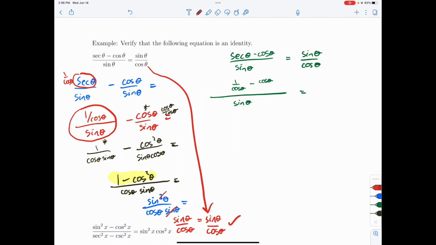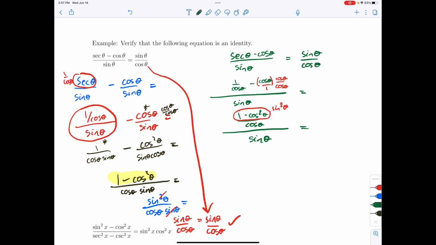Okay, and so what I'm going to do is this cosine here, I'm going to multiply it by cosine theta over cosine theta so that I can get a common denominator. And when I do that, I'm left with 1 minus cosine squared of theta over cosine theta all over sine theta. Okay, and this 1 minus cosine squared, we just saw that. That's equal to sine squared of theta.